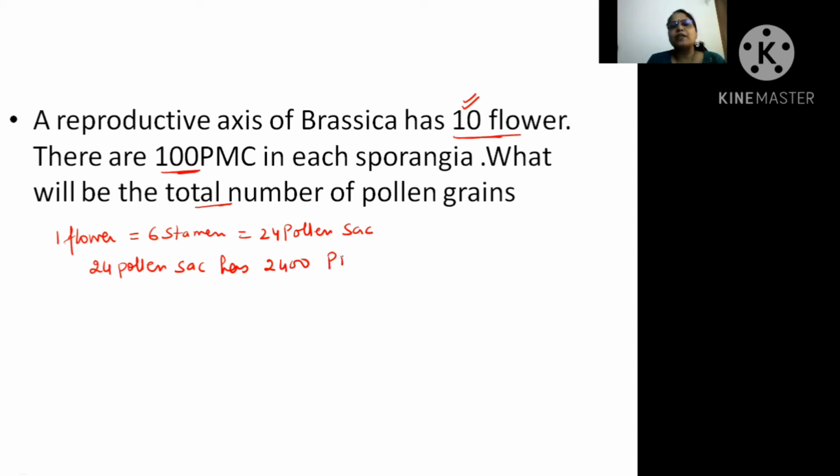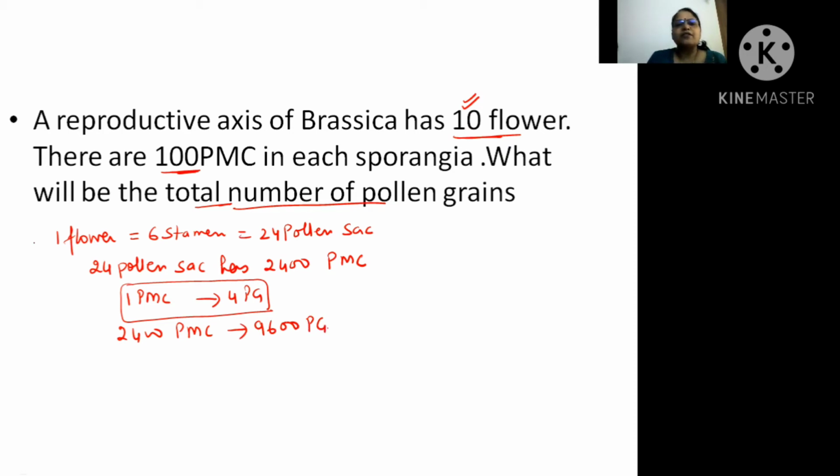2400 pollen mother cells. Is it clear? And they are asking about the total number of pollen grains. You know very well that 1 PMC gives rise to 4 pollen grains. Please remember this concept: 1 PMC gives rise to 4 pollen grains. So it means 2400 PMC will give rise to 9600 pollen grains. This is with respect to only one flower.